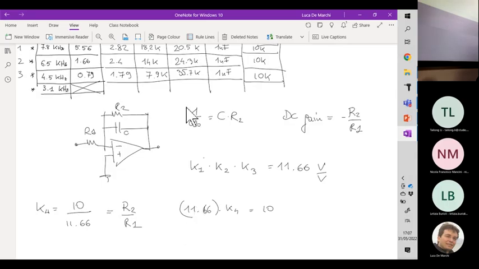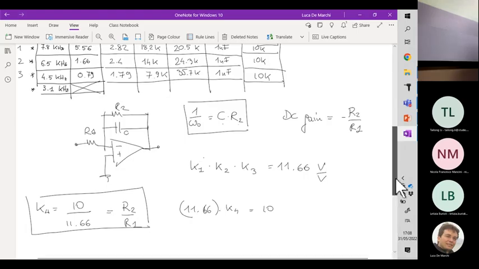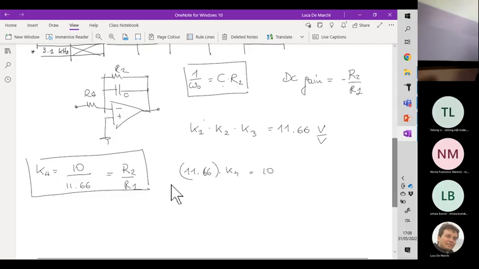So we have to use this expression and this one to set the value of C, R2, and R1. We have three circuit parameters to set for basically two specifications. So we have some degrees of freedom to achieve the result. One way to do so is to set the capacitance value to, say, 2.2 nanofarad.